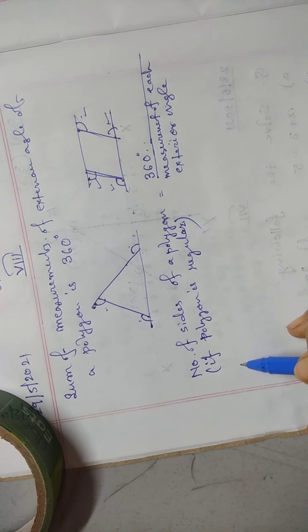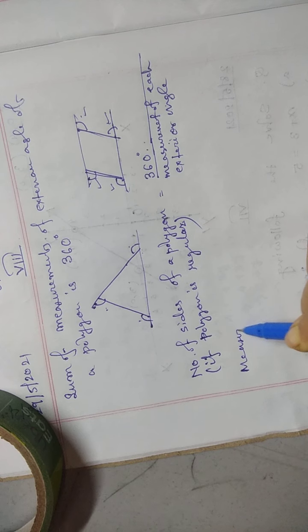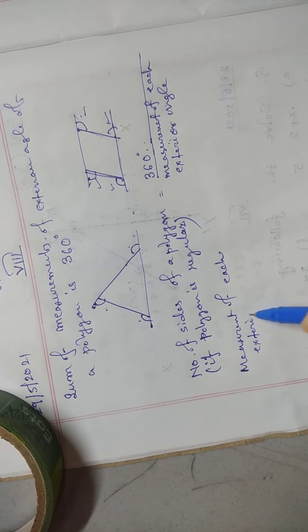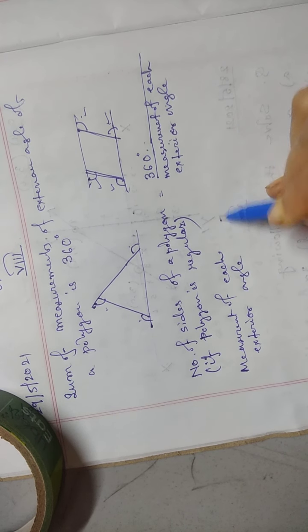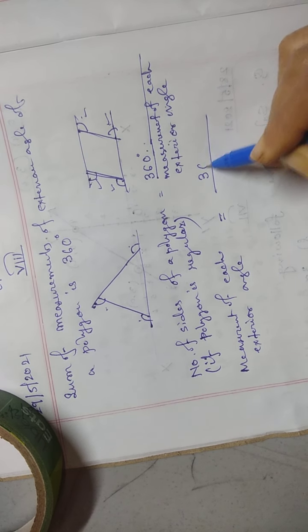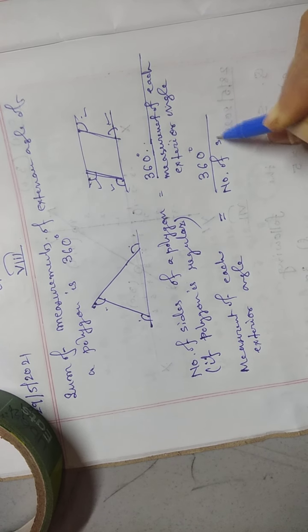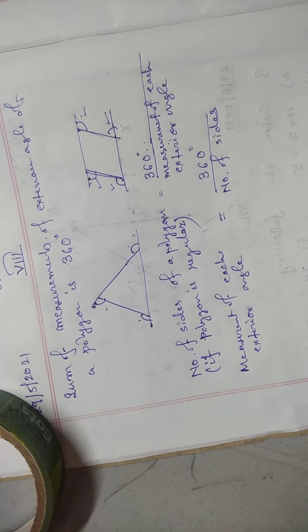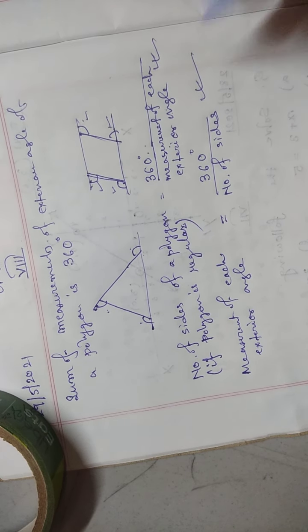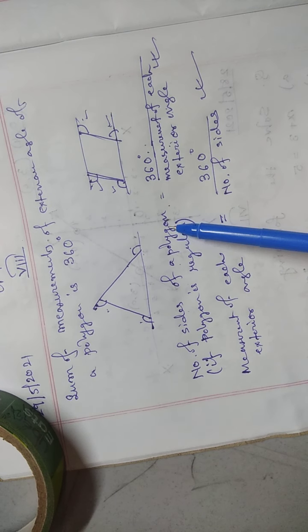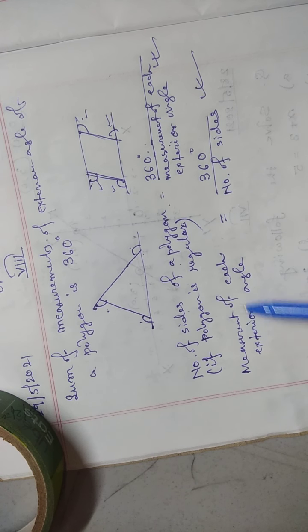So from here you can find the measurement of each exterior angle equal to 360 degrees divided by the number of sides. So using these two formulas, what can you find? The number of sides of a polygon if the polygon is regular, and also the measurement of each exterior angle of a regular polygon.